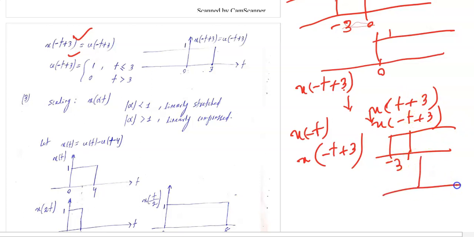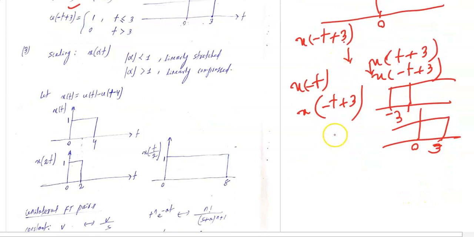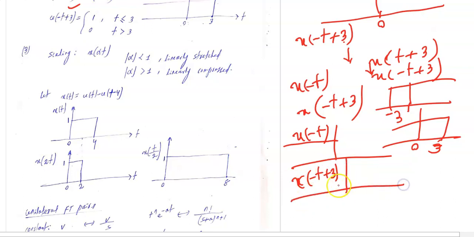Then fold it, mirror image. This is your 3, 0. This way, first fold it, so x(-t). Then move right by 3 units, giving -t+3, move right 3 units, 0, 3. Easy, whichever way.